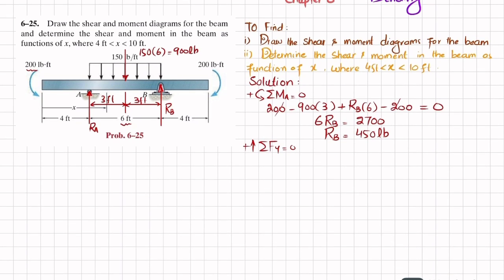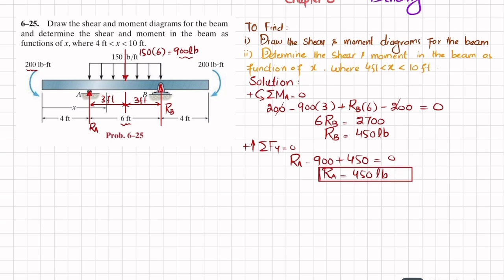So you can see one force which is Ra, that is upward, minus this 900 pound force plus this 450 which is Rb is equal to 0. So from here you will get Ra also equal to 450 pounds.